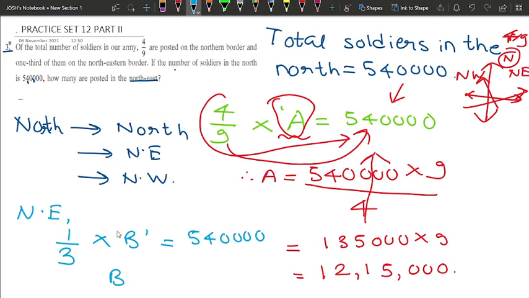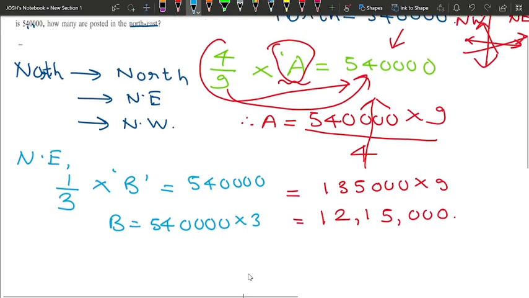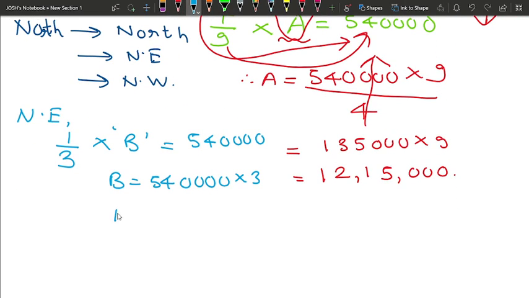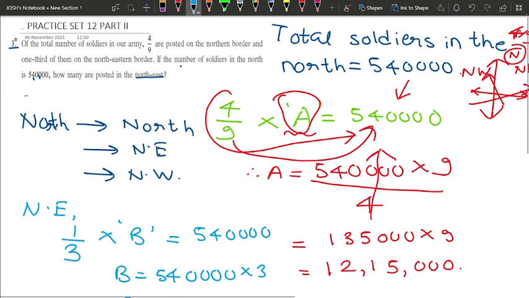So B will be 5,40,000 multiplied by 3, which is 16,20,000. So B is 16,20,000. So these are in the northeast. So how many are placed in the northeast? Just let us confirm it once.